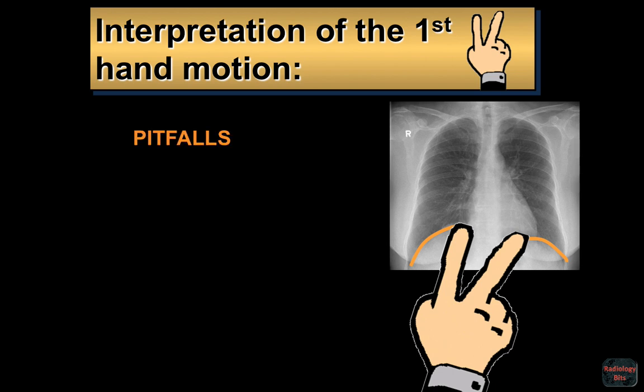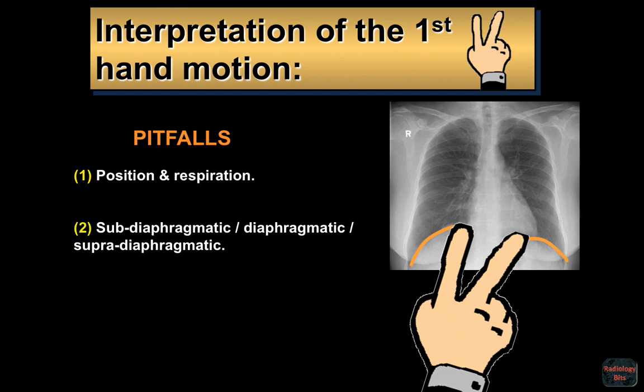And you also need to keep in mind some pitfalls. First of all, we've mentioned that the position of the hemidiaphragm may change even in normal patients according to the way you acquire the film, in a supine versus erect, for example. And it also changes with respiration. Remember that a change in the position of any of the hemidiaphragms could be due to other causes, not only collapse.